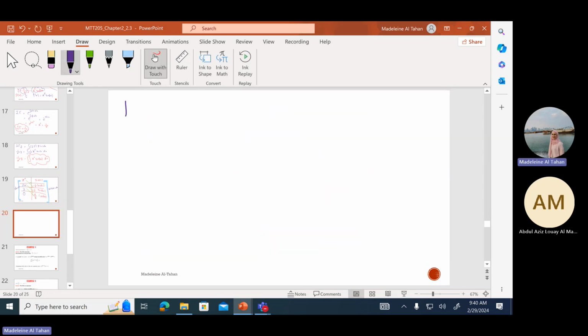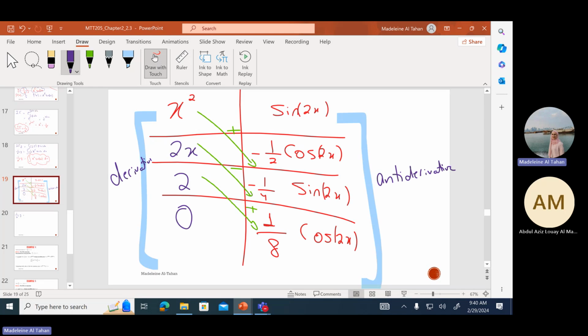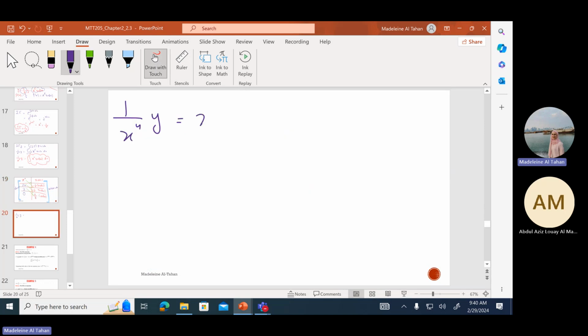We said that 1 over x^4, y equal to this integral, right? How do we write this integral? Abdelaziz, x squared times this one minus 2x times this one plus 2 times this one. Okay? So x squared, you wrote it, right? Multiplied by negative half cosine 2x.